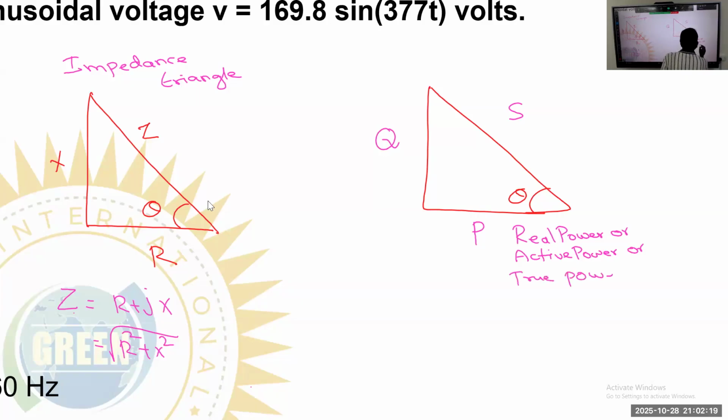So the power consumed by the resistance we call heat energy. So that is real power. That's why real power, active power, true power are all represented by the letter P. So always in electrical engineering, power is denoted by the letter P. And Q we call reactive power.